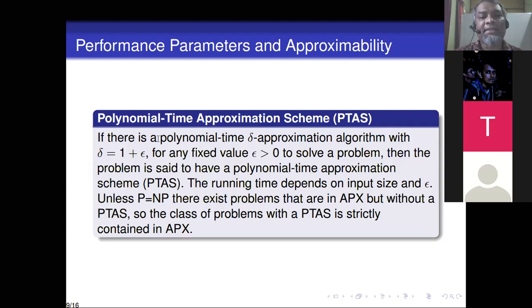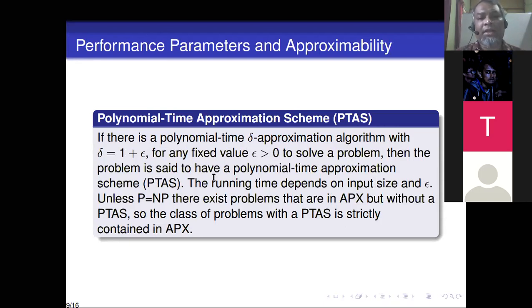If there is a polynomial time delta approximation algorithm with delta equal to 1 plus epsilon for any fixed value epsilon greater than 0 to solve a problem, then the problem is said to have a polynomial time approximation scheme, that is PTAS. The running time will depend on input size and epsilon.